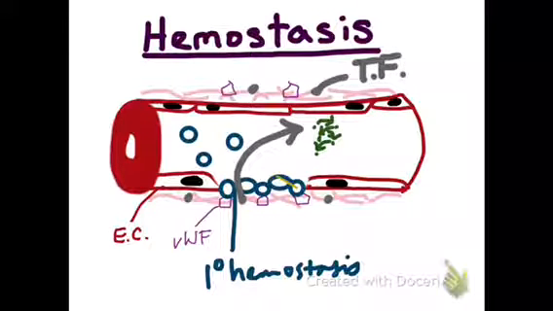And this fibrin has receptors for platelets. So it acts as platelet bridges that bind adjacent platelets and form a strong network that solidifies that platelet plug. So this cascade of events that ultimately results in fibrin formation is called secondary hemostasis.